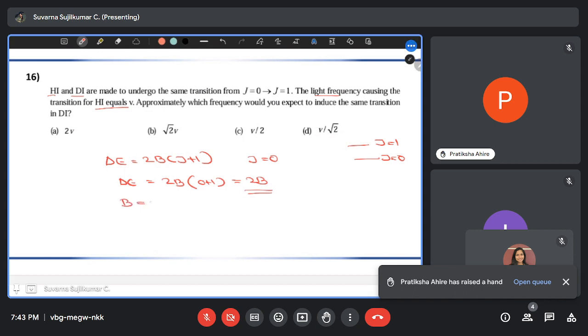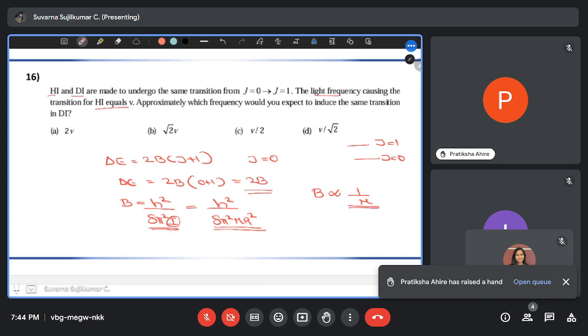Okay. So what is the expression for B? B is given by h square divided by 8 pi square I, right? Does this I term have a mass term, a molecular mass term? The moment of inertia can be represented as mu r square. So the rotational constant is inversely proportional to mu, right?